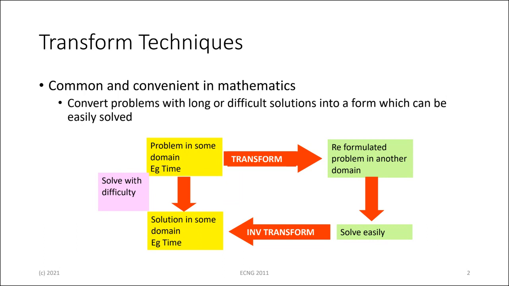Yes, you can solve it, but it's very convoluted. So transform techniques allow us to redefine the problem in another domain. In that domain, we can do the manipulations and even solve the problem. And then having solved it, we have to come back into the time domain, right?